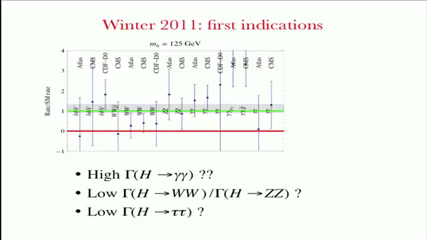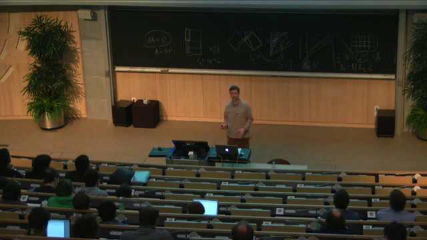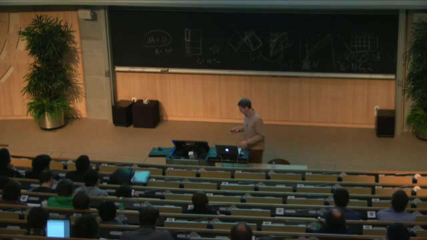And indeed, rather than focusing on the discovery, they focused on anomalies. That's where theorists always look, something wrong, something to work on.